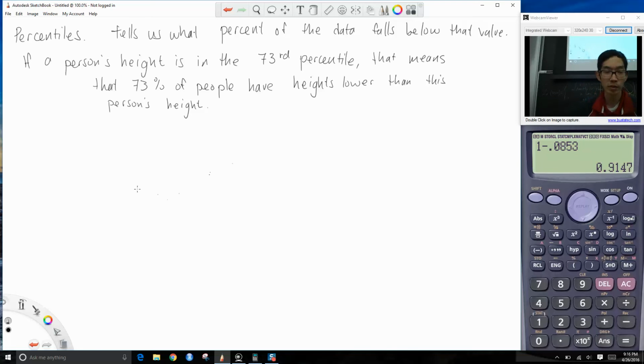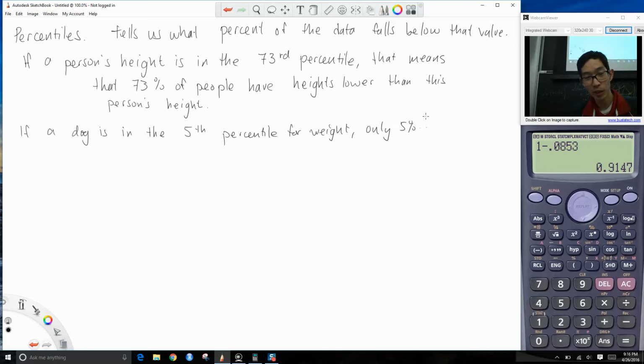Okay, or if a dog is in the 5th percentile for weight, okay, that means only 5% of dogs weigh less than this one.